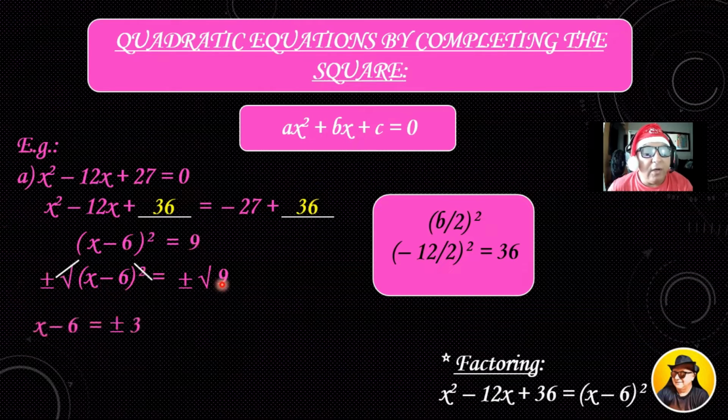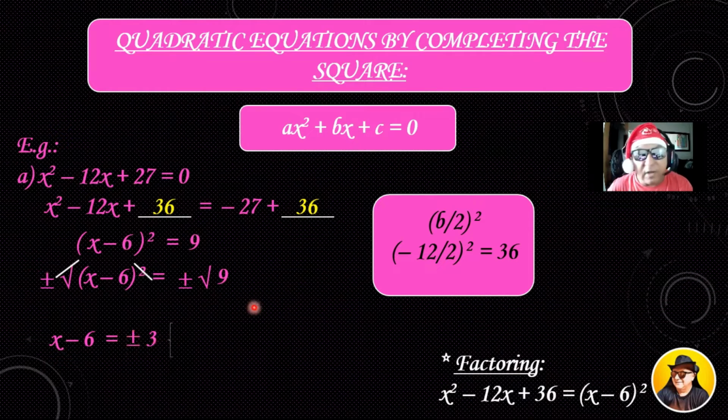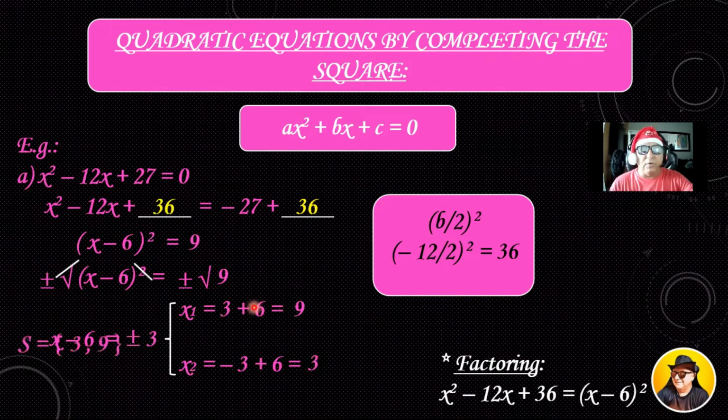So x minus 6 is plus or minus 3. Now let's split up the answers. x1 is 3 plus 6, and x2 is minus 3 plus 6. So 3 plus 6 is 9, and minus 3 plus 6 is 3. Our solution set is 3 and 9.